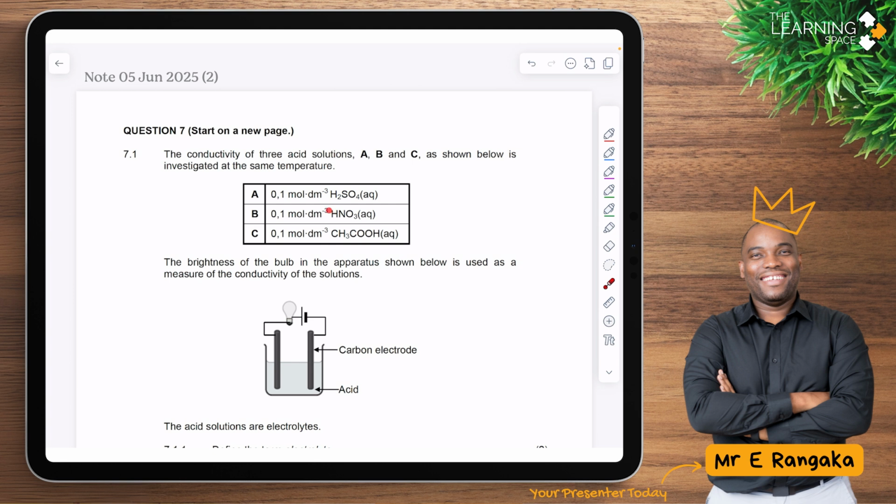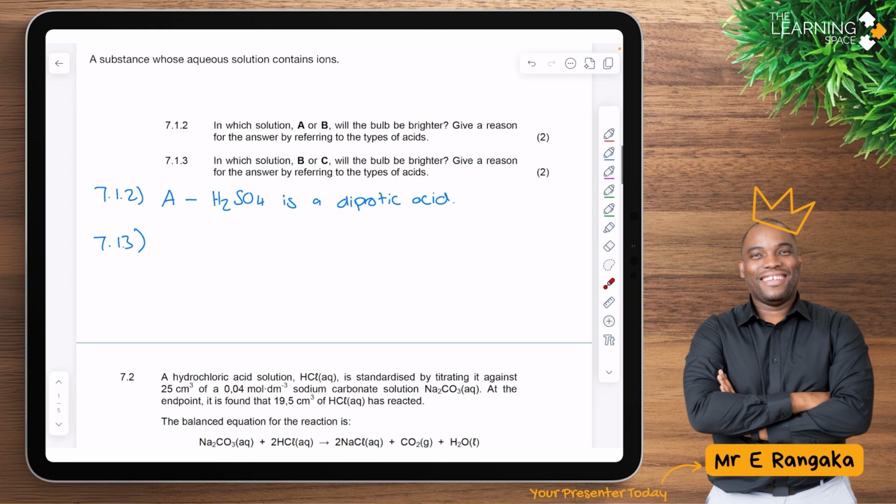Now what you need to know there again, nitric acid, strong acid. Acetic acid, weak acid. Remember, your strong acids will ionize completely, where your weak acids will only ionize partially. So the ones that ionize completely will have more ions in solution and therefore be a more conductive solution. And that's your answer for 7.1.3. So in this case, your answer will be B, your nitric acid, HNO3.